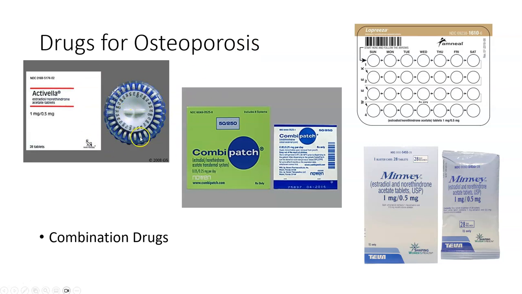What it's going to do is keep the woman cycling properly. So we do use it for menopause as well, but in this instance, we're concerned with keeping those osteoblasts doing a good job. So it's a combination of estradiol with norethindrone. We have Activella, and this comes in a cassette. We have Combipatch, so this would be the transdermal patch. Lopreeza is another brand name, and this is the 4-week cycle.